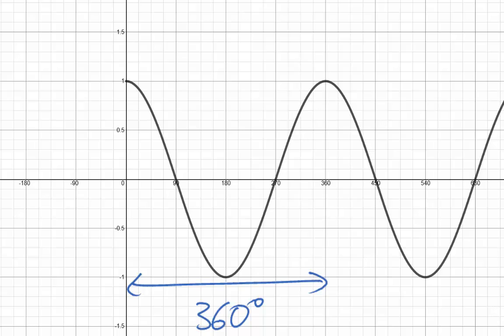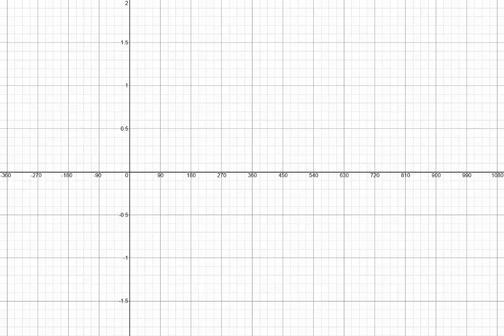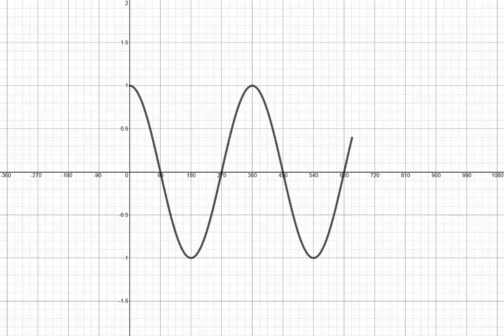Let's zoom out a little, so we can see a few complete cycles of the graph. You can see there are 3 cycles here, from 0 to 360 degrees, from 360 to 720, and from 720 to 1080. The graph also repeats into the negative angles, so let's include a cycle going to -360 degrees.